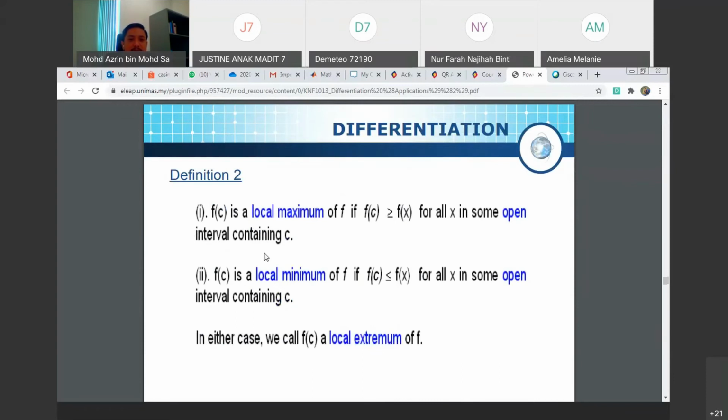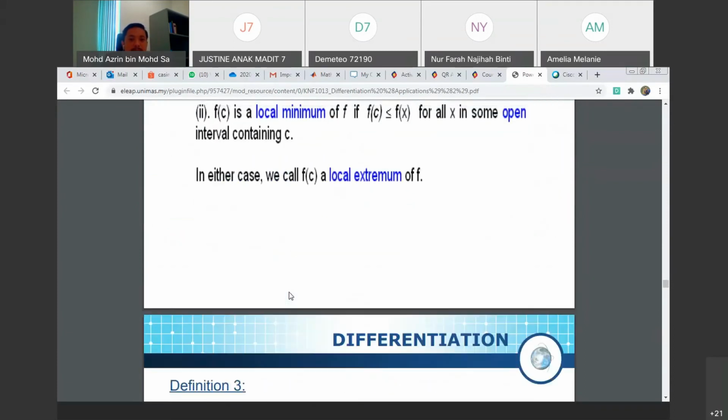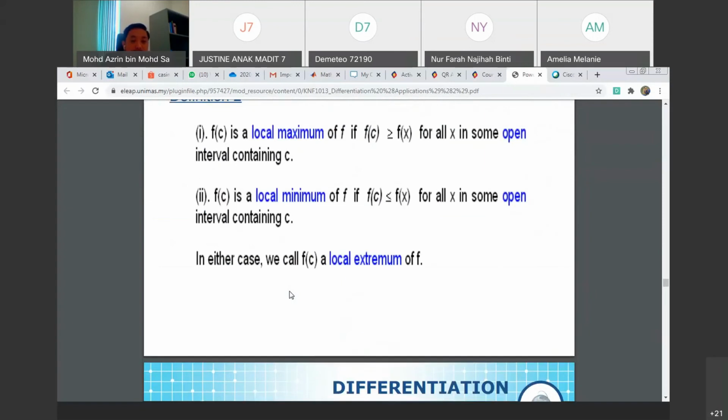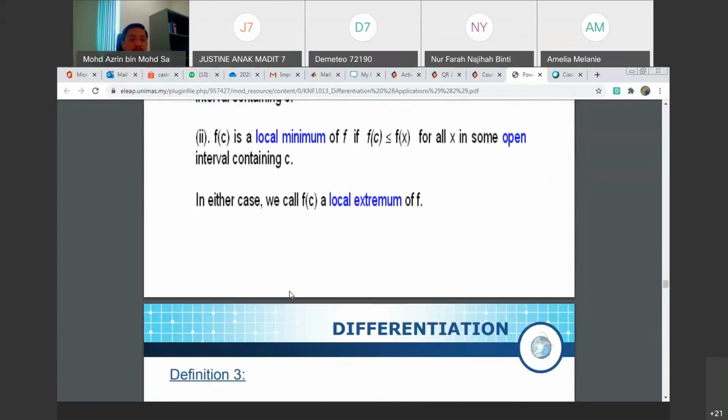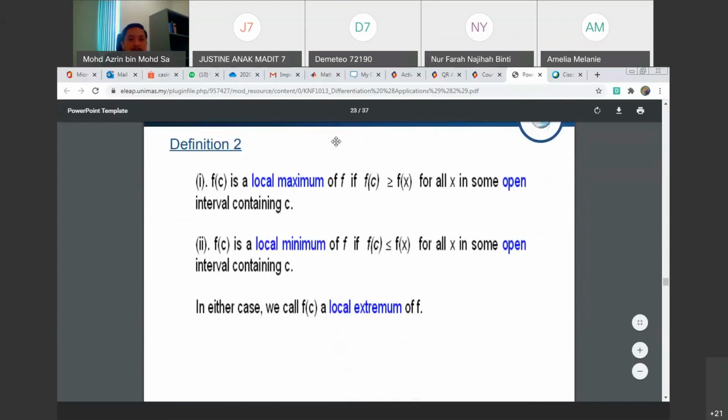So we know that the maximum and minimum values can be found on a curve. And later I think in the final there will be a question where you need to draw the curve by using differentiation, where you need to find the minimum and maximum values.